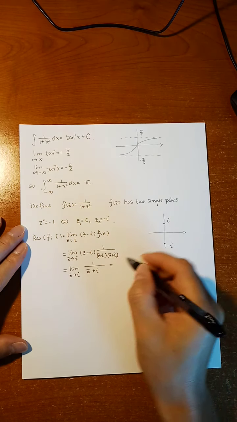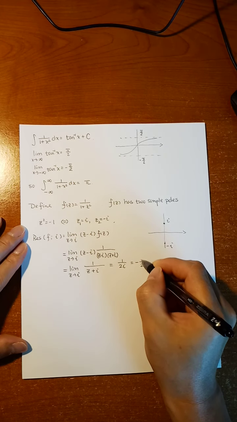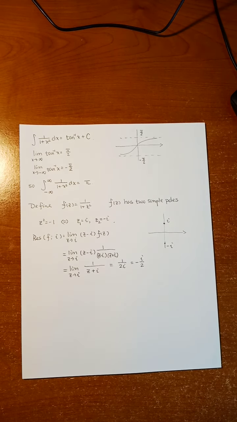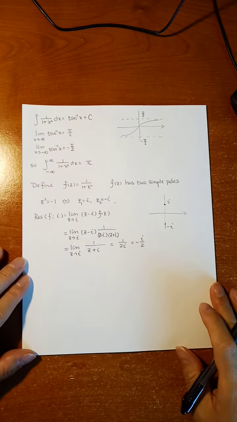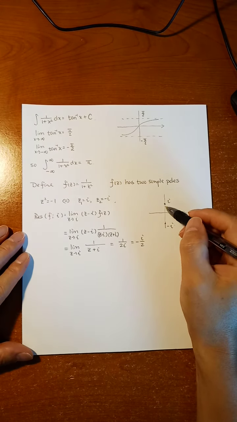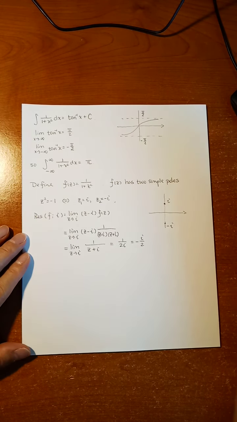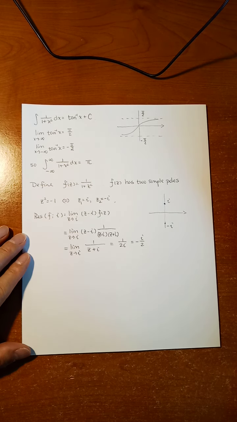Substituting, you get 1 over 2i, or negative i over 2. So the residue of f at i is negative i over 2. Like the previous example, we only use the residue at this point. We don't need the other point, so we're not going to compute it.